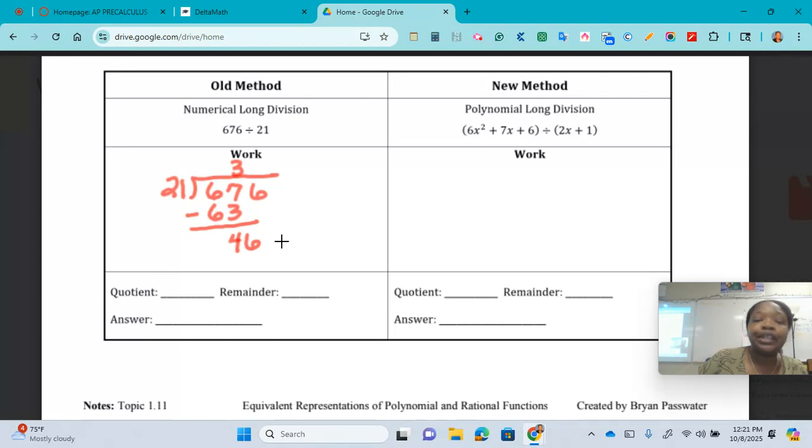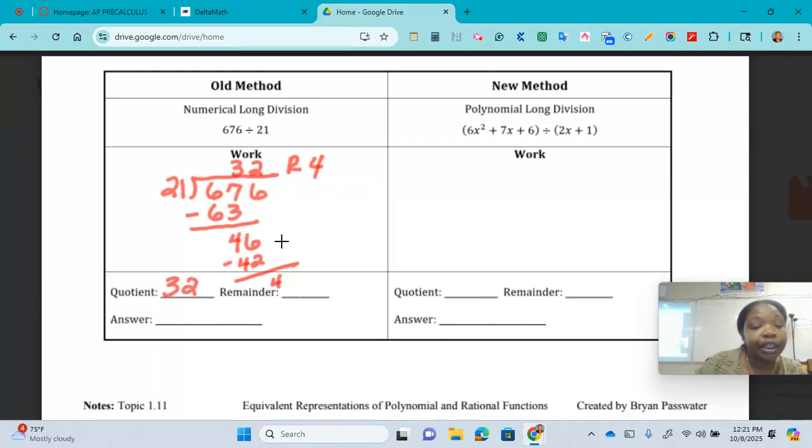21 into 46 is 2. 2 times 21 is 42. We do what with these two? We subtract, and our remainder is 4. All right? So our quotient is 32.